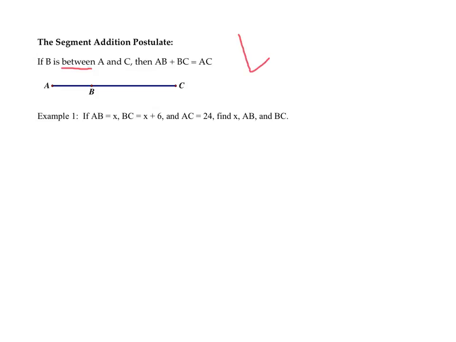In other words, if I drew point A here and point B here, and I had point C here, B is not between A and C. Likewise, if I had a line segment where the endpoints are A and C, and I put point B either above or below the line segment, we could not say that B is between A and C, because again, all 3 points are non-collinear. Okay, back to the postulate.